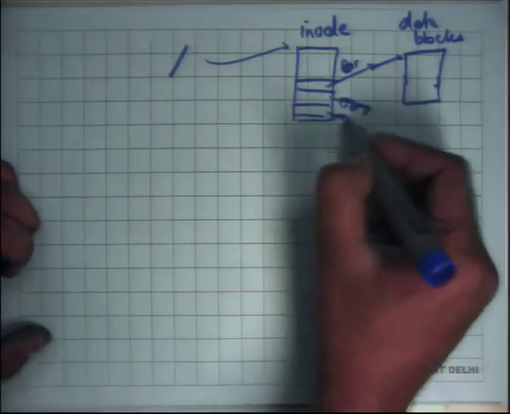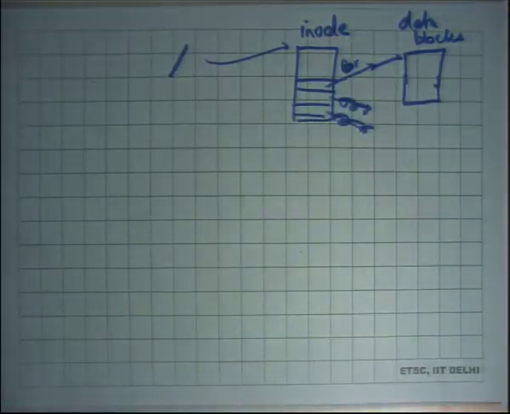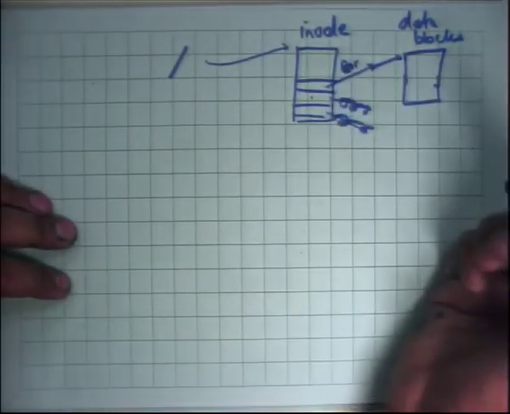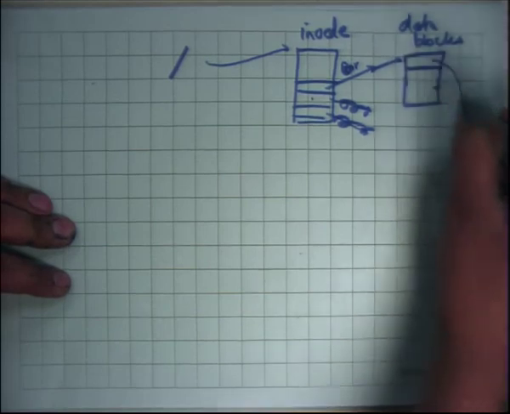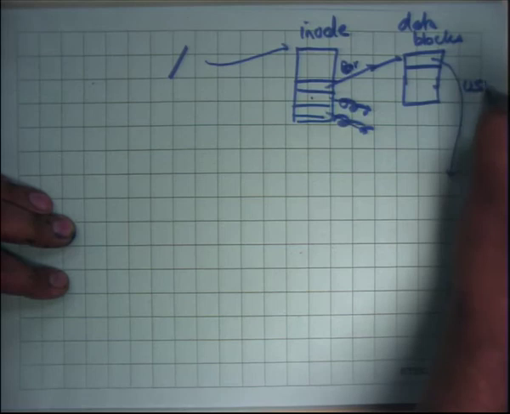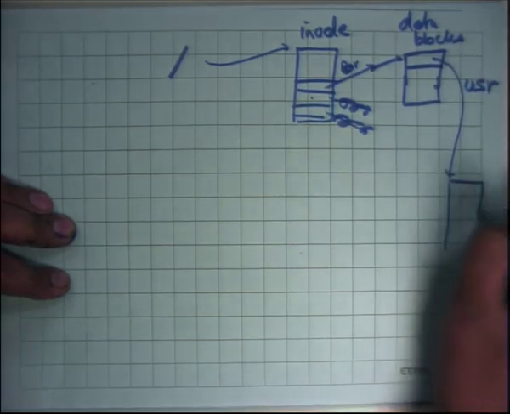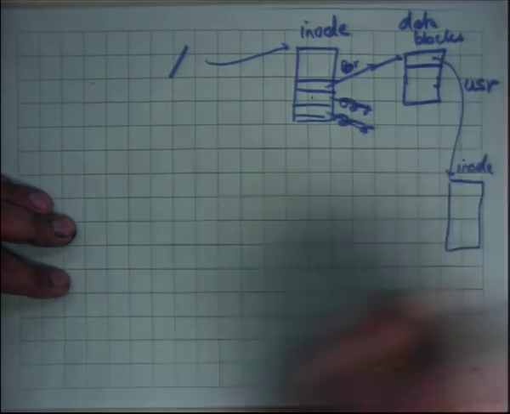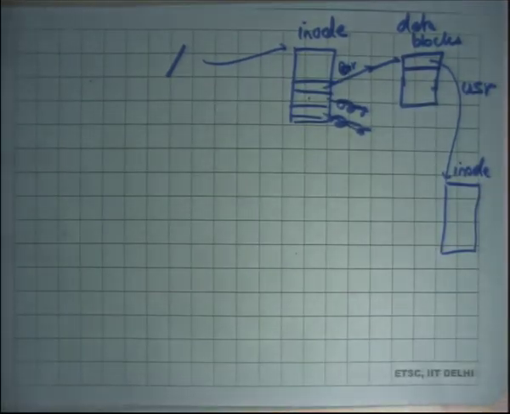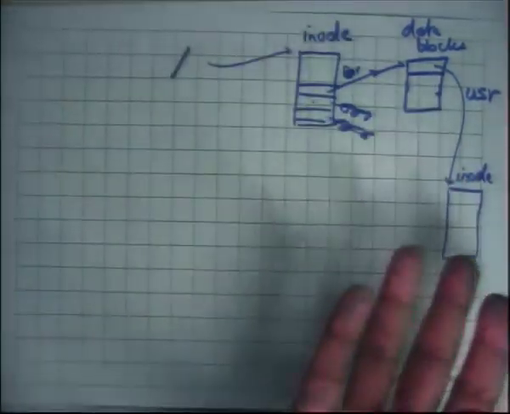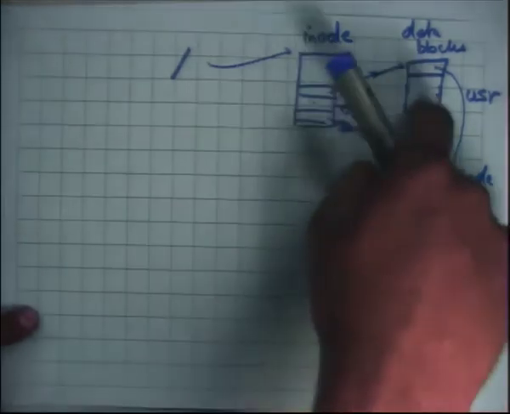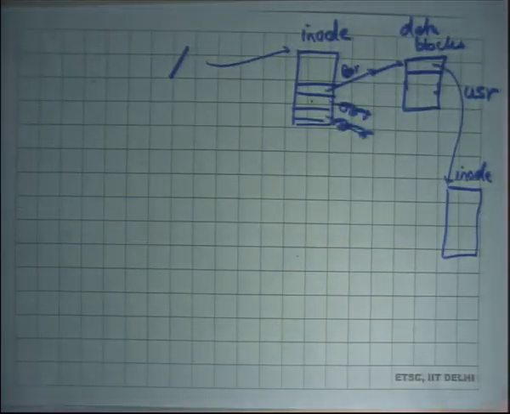Let's say the slash directory has only 10 files, and the 10 files can fit in one data block, so you only have one data block, all the others are 0. And this data block will have directory entries which map names like slash user to inode numbers. And they themselves may be directories, which means they may now have this structure within them, or they may be files, in which case these data blocks don't have any special meaning, they are something that the user has defined.